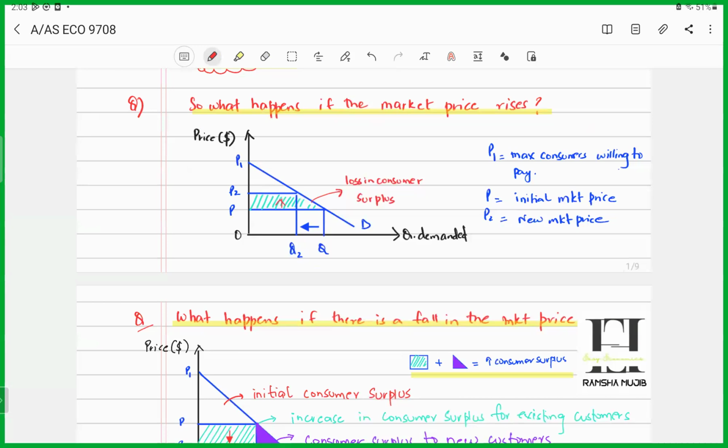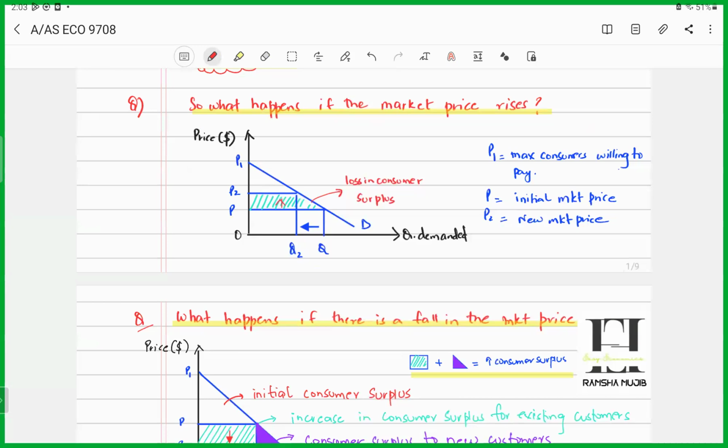Why? Because fewer people are now prepared to pay higher prices. P1 is the maximum price the consumers are willing to pay. P is the initial market price and P2 is now the new market price.